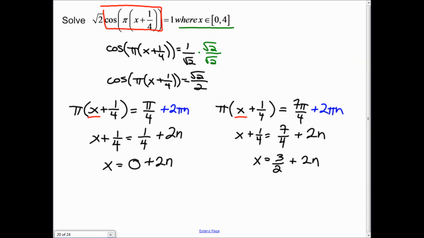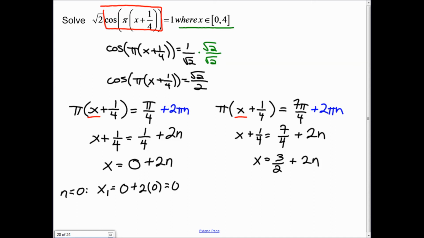Okay, now these are giving us all of the possible solutions for the values of x. But we have to keep in mind that our values are restricted between 0 and 4. So if we let n be equal to 0, that means that our first x value is going to be 0 plus 2 times 0, which is just 0.